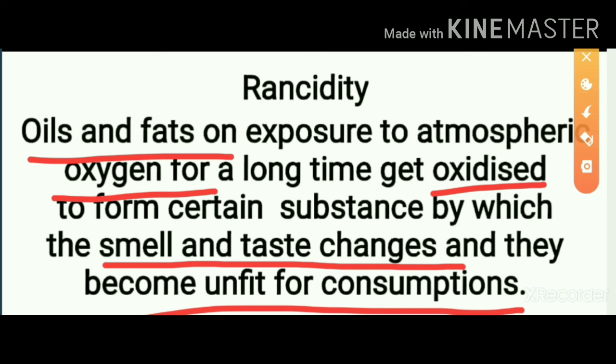These affect the smell and taste of that food item and it becomes unfit for consumption. This is known as rancidity. It is almost similar to corrosion, but corrosion means reaction of metal and oxygen, while rancidity means oil or fat reacts with oxygen.